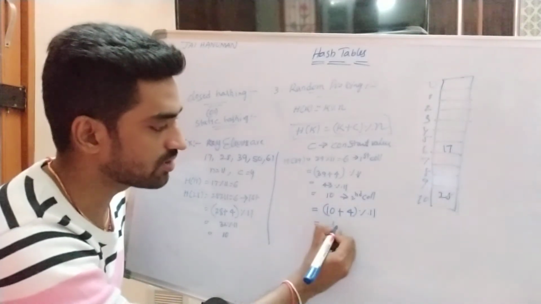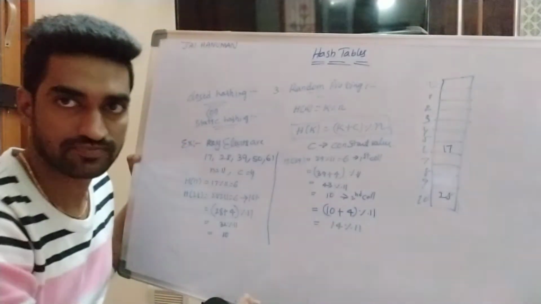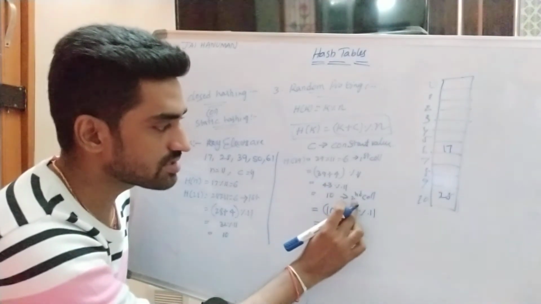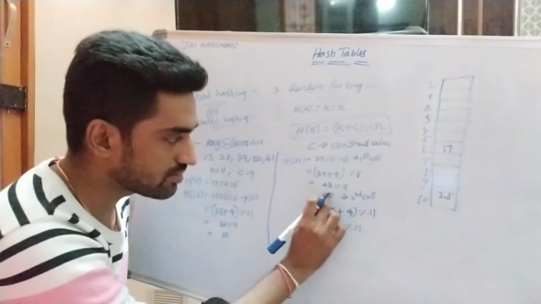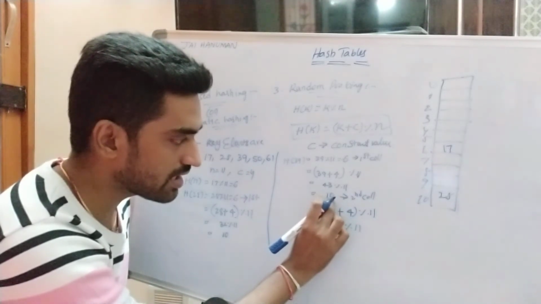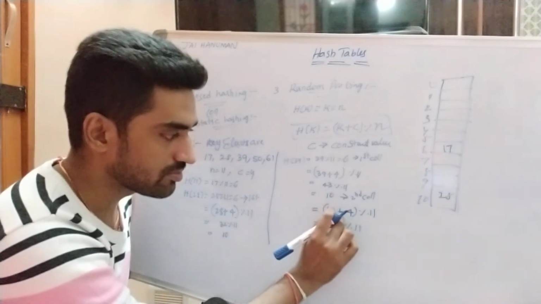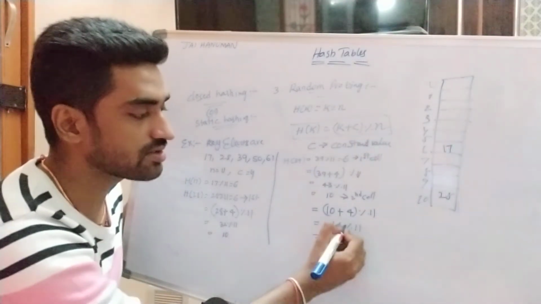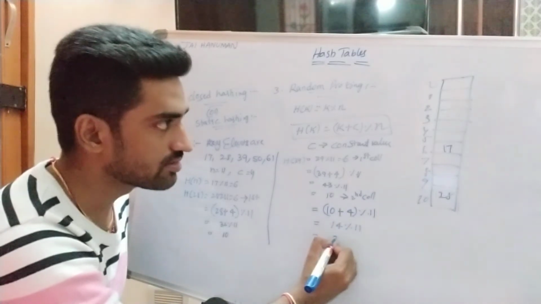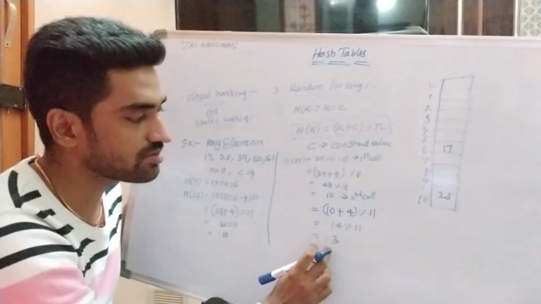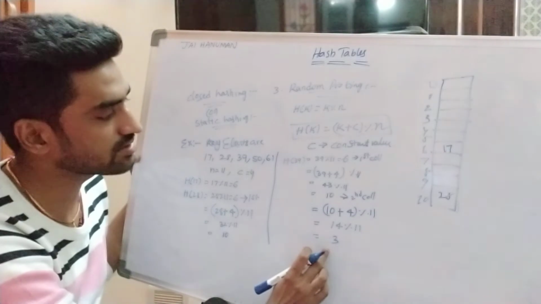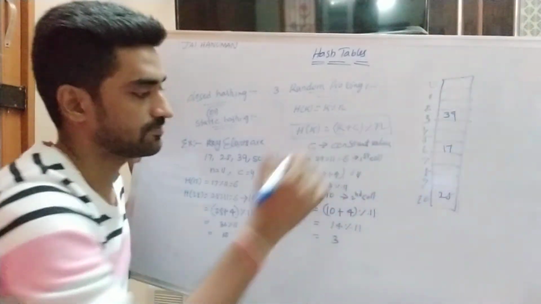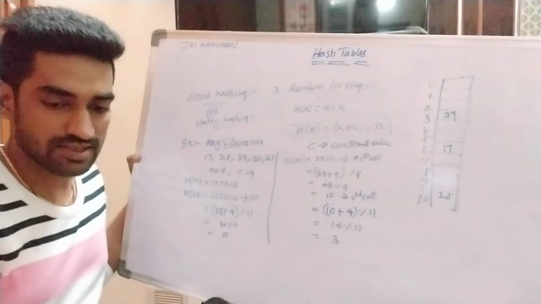So 10 plus 4 is 14, modulo division of 11. Once the second collision has occurred, this output is taken as the k value: k plus c modulo division of 11. So 14 modulo division of 11. So 11 ones are 11, remainder 3. So the third position is a vacant position, right? So that's why we directly insert 39 at the third position.